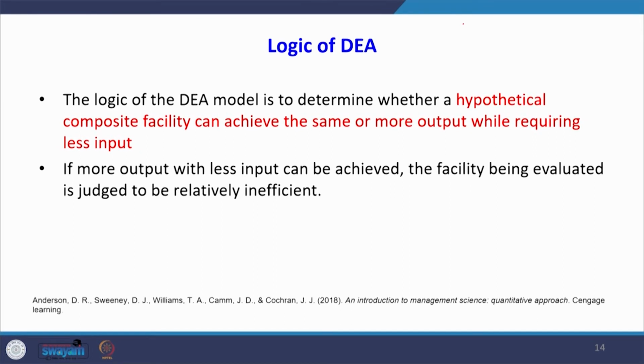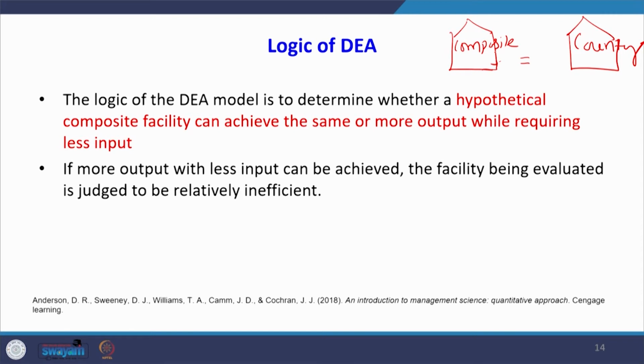Okay. There are two things we are comparing. On one side, this is the composite hospital, and on the other side we have the county hospital. What we are saying is whether this hypothetical composite facility can achieve the same or more output while requiring less input. So, if this composite hospital is achieving more output than the county hospital by consuming lesser resources, we can say this composite hospital is efficient.